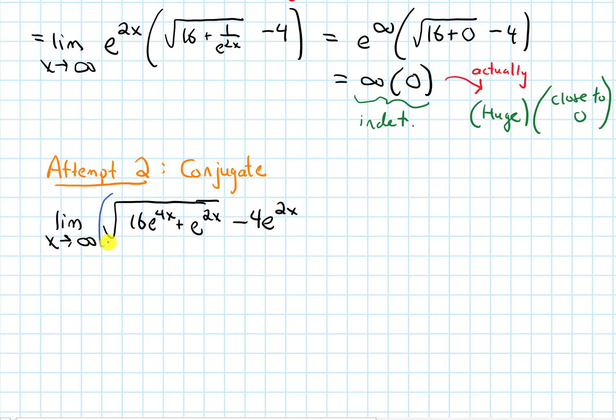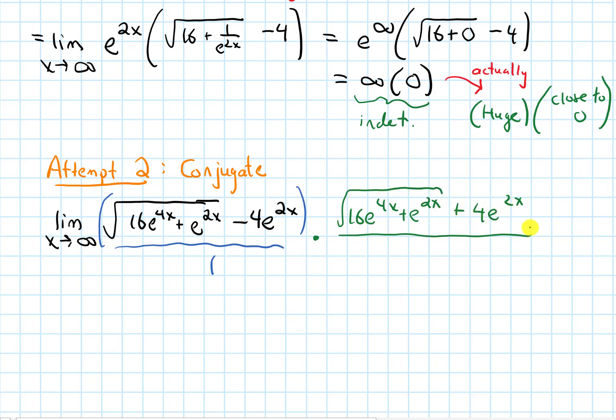Okay, so let's put a big old parentheses around this, and let's put it all over 1, so that I can multiply the top and the bottom by the conjugate. So the conjugate is going to be the square root of 16e to the 4x plus e to the 2x, and then plus 4e to the 2x, divided by itself, root 16e to the 4x plus e to the 2x, and then plus 4e to the 2x.